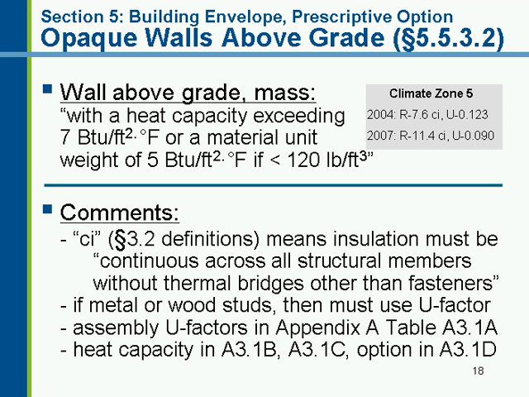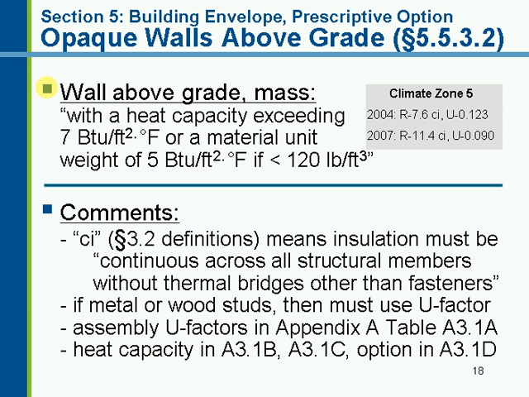Now let's go on to the different wall types. Now the first type is mass walls. And within the mass wall category here, there's a definition that it's 7 BTUs per square foot.